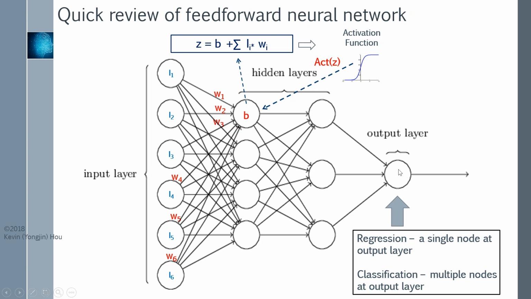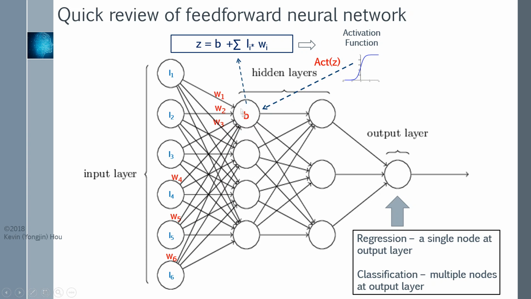Eventually, everything comes to the output layer. As we mentioned early on, if the output layer has only one node, it's a regression type of problem. If the output layer has multiple nodes, it's useful for the classification type of problem.